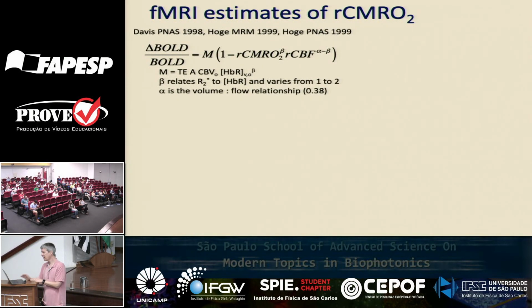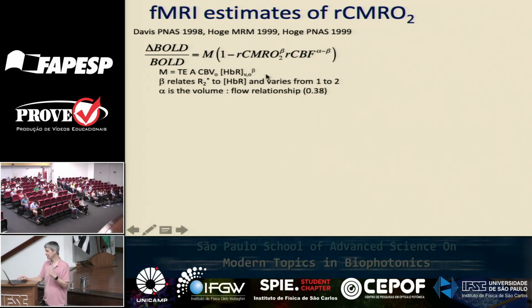Okay, so finally, the reason we had set out to do this was to validate the MR estimates of evoked changes in oxygen consumption, right? So people use this simplified model, they measure changes in BOLD, they calibrate BOLD, and they assume a relationship between blood flow and blood volume, this alpha parameter. And they want to estimate changes in oxygen consumption.